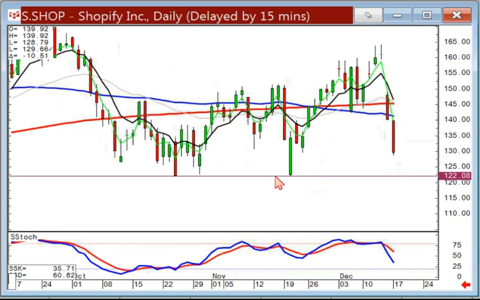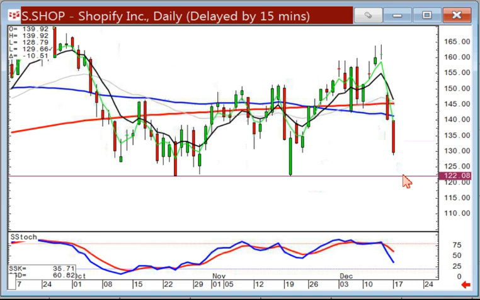You can kind of see there was a support level right here. So if it gets to this level, and my stochastics are right about here, I'm still going to be a little bit more diligent as far as watching on my 10-minute chart to see whether this is a relevant support level or whether they're going through or not.